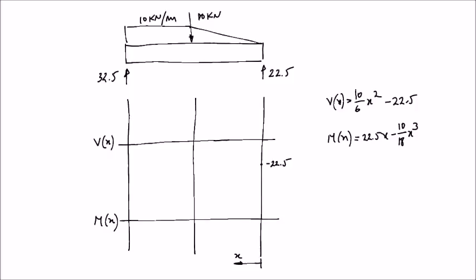So let's say this point here is minus 7.5. So it means that we have a quadratic distribution for shear force, so we will have something like this for shear force in this section.